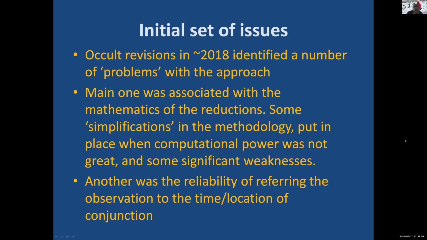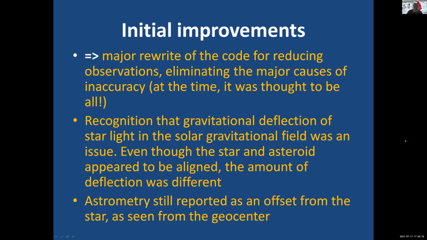There were also some issues about the reliability of referring our observations to the time or location of the conjunction, closest approach of the shadow to the centre of the Earth, rather than where we actually observed it. So back in about 2018, 2019, I did a major rewrite of the code for reducing the observations.